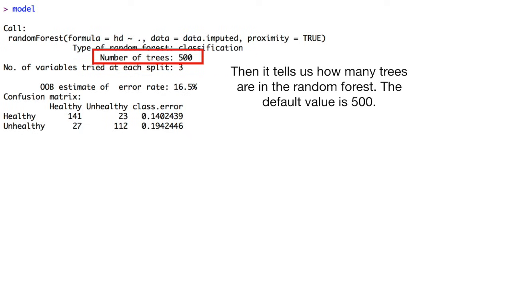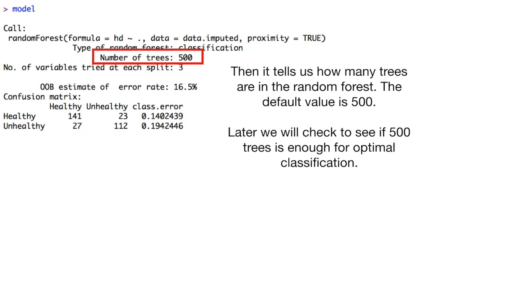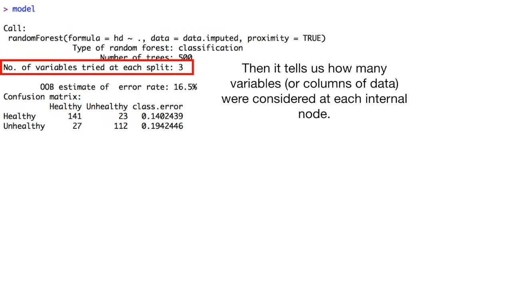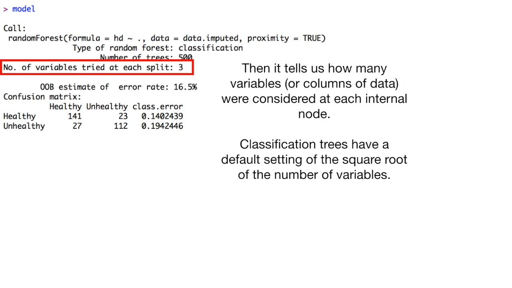Then it tells us how many trees are in the random forest. The default value is 500. Later, we will check to see if 500 trees is enough for optimal classification. Then it tells us how many variables or columns of data were considered at each internal node. Classification trees have a default setting of the square root of the number of variables.